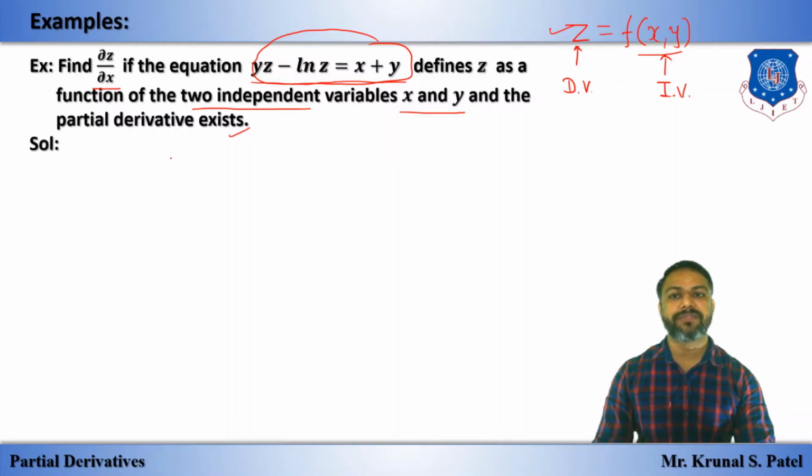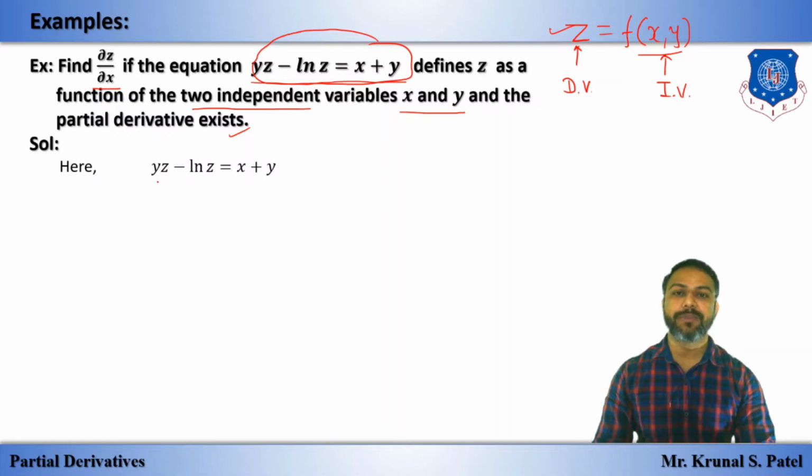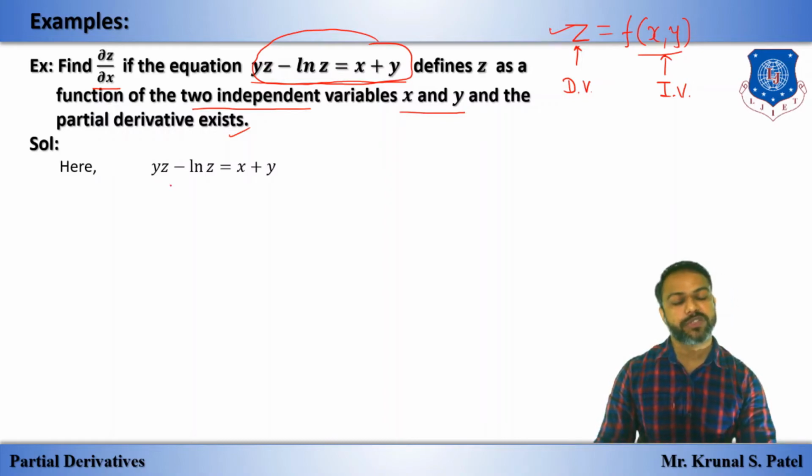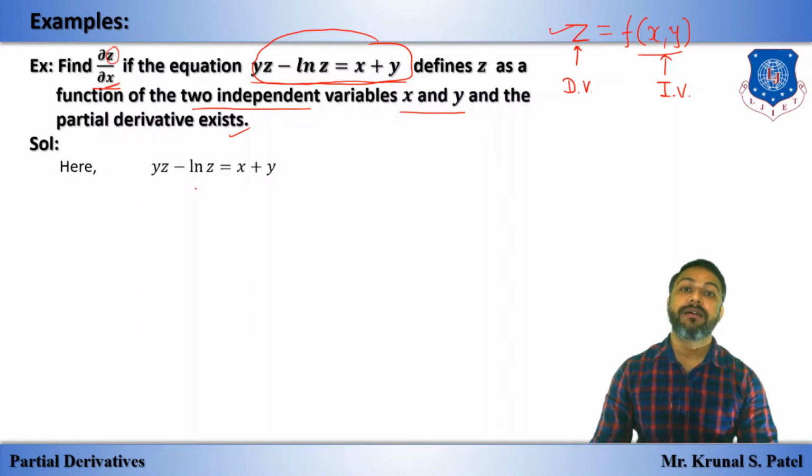So now let's start with the solution. First we will write down the equation, that means yz minus ln z is equal to x plus y. Now here we need to differentiate this given function z with respect to x only. So we will treat y as a constant, not z, because z is our dependent variable.